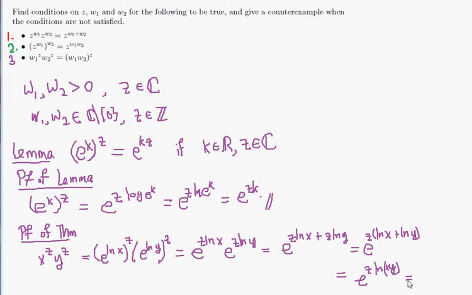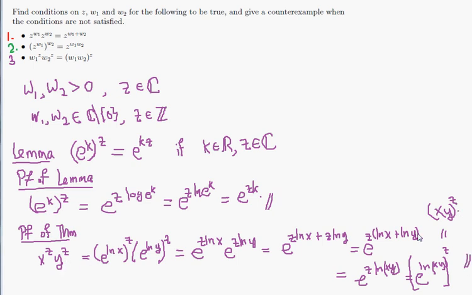So I can write this as e to the natural log of xy, whole thing to the z power, which is finally equal to, and I'm sorry for this mess here, xy to the z. And so that's the end of the proof.